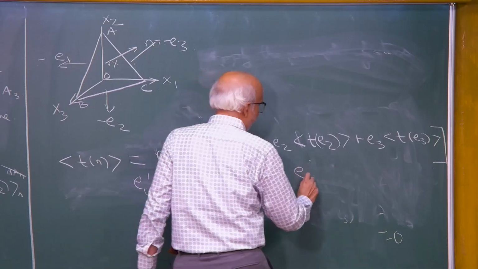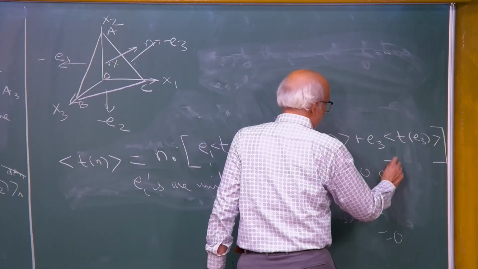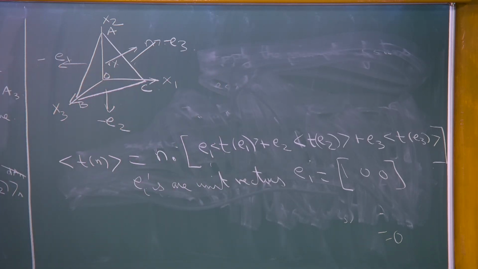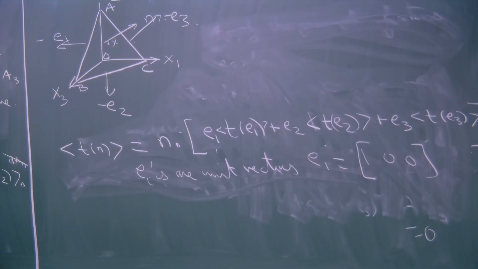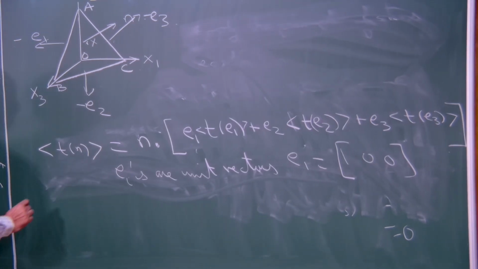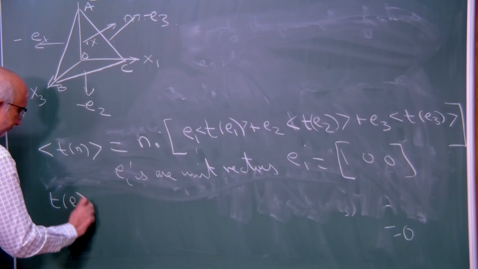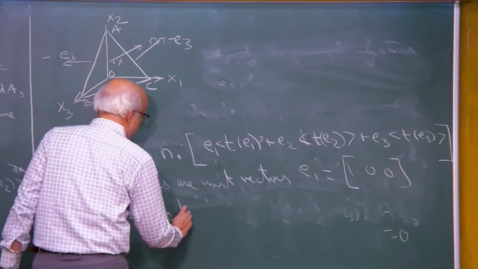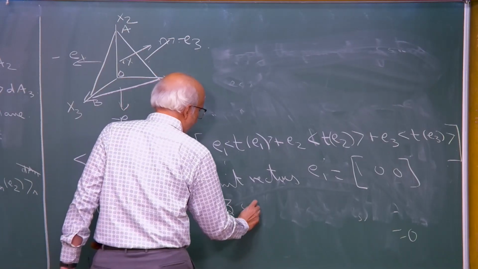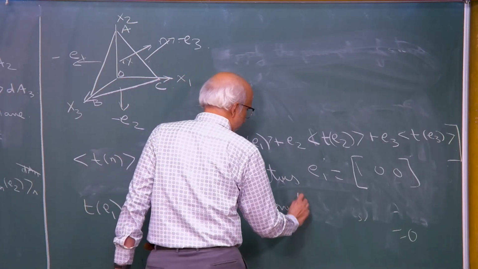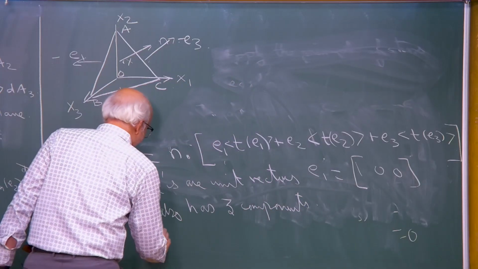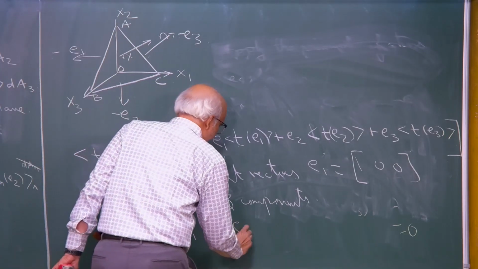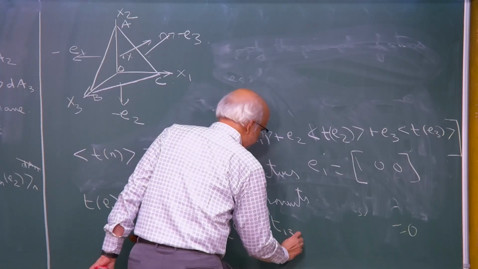For example, E1 is 1 0 0, E2 will be 0 1 0, and T of E1 also has 3 components, and I am going to write it as T11 E1 plus T12 E2 plus T13 E3.